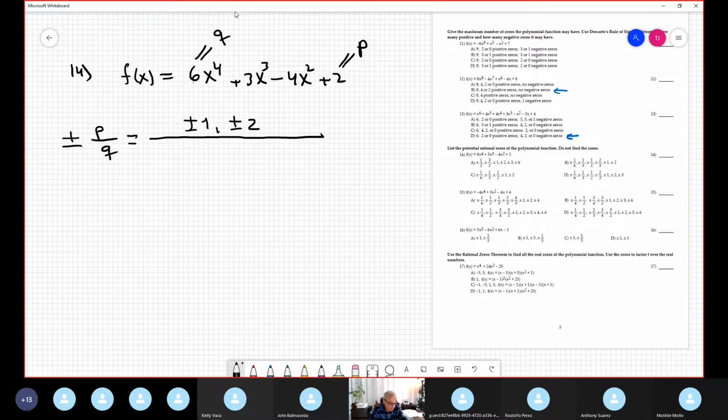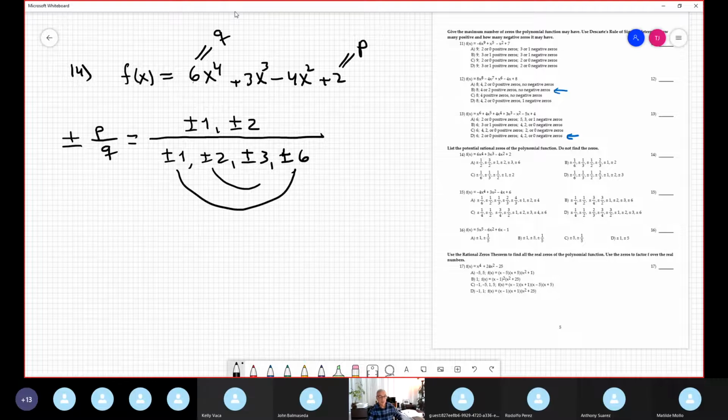And 6, no, 6 is more complicated, it's plus or minus 1, plus or minus 2, plus or minus 3, and plus or minus 6. So one easy way to do this is, if you multiply like that, is 6, and you multiply like that, is 6, right? Get the number in the bottom, 6, q is 6.